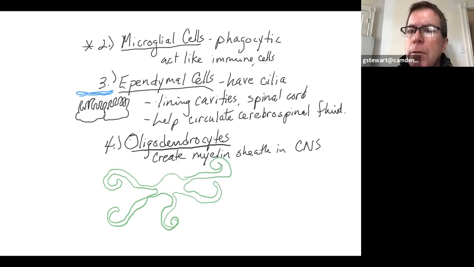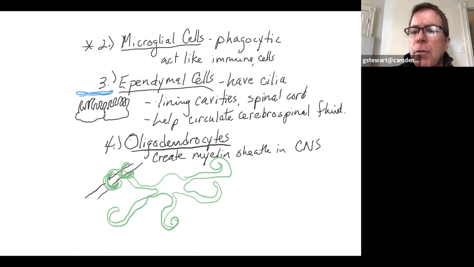So I'm just going to quickly draw, this would be the process of a neuron. And this green stuff by the oligodendrocytes helps insulate this. It forms a wrapping of insulation around this neuron.